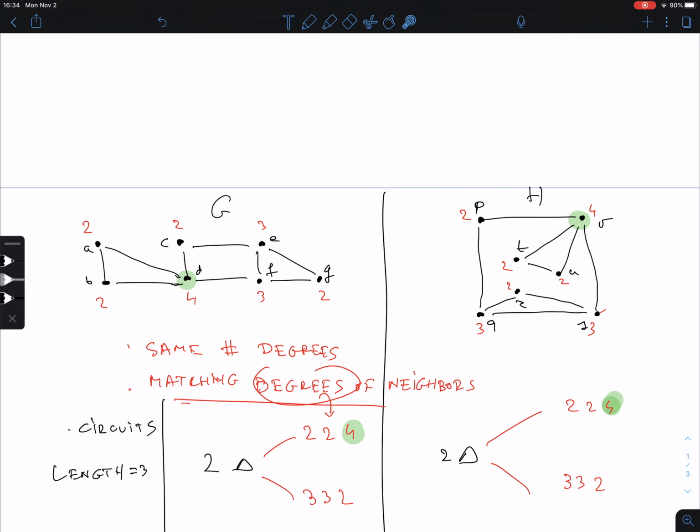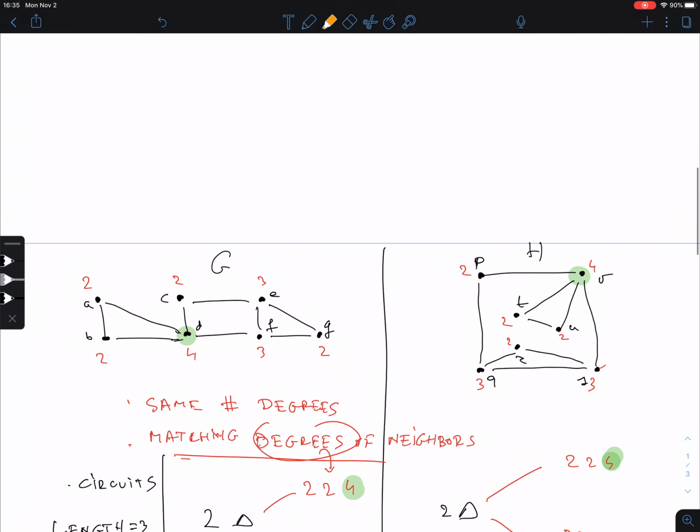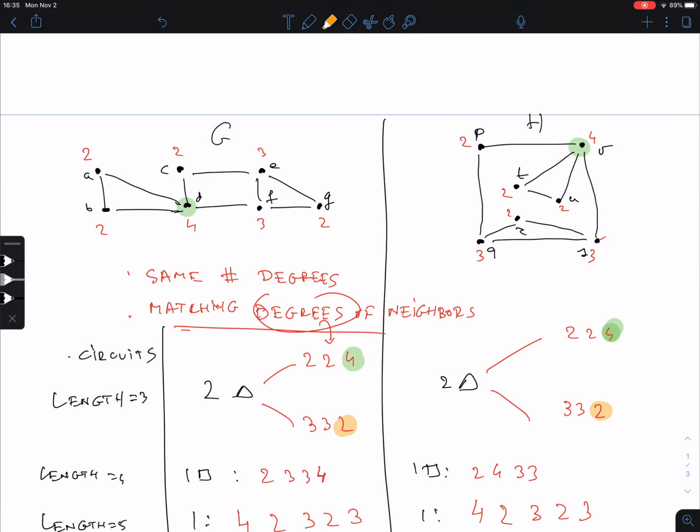Let's localize them. So I'll put this in orange. So the green is the unique one. Let's give them names, okay? So what is the orange? It is the unique degree 2 on the triangle where the degrees are 3, 3, and 2. That's because each of them has exactly one degree 2 here.